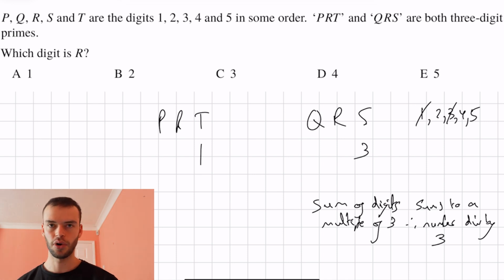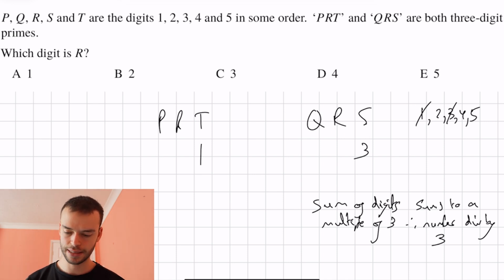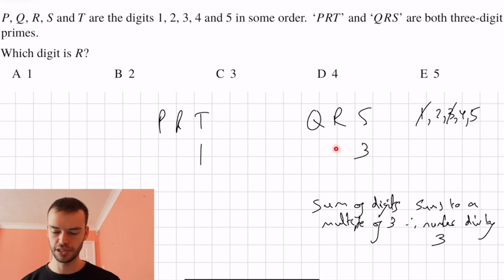Cool. Now let's think about all the combinations we could have for QRS with these numbers. If we had 2 and 4 here, then if we add those digits together, we get 2 plus 4, which is 6, plus 3, which is 9. That number is divisible by 3, and therefore this whole number would be divisible by 3 and no longer prime. So we can't have a combination of 2, 4, and 3.